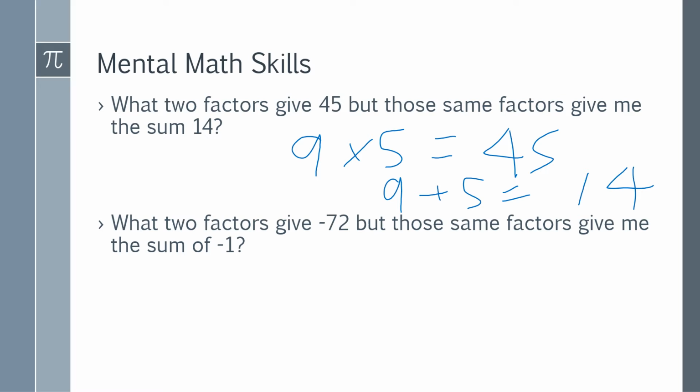What two factors of negative 72 give me the sum of negative 1? So I need you to think about that.